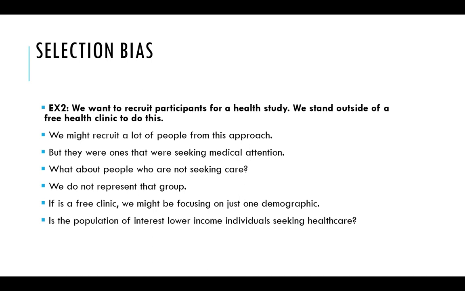Is the population of interest to us lower income individuals who are seeking health care? Because that's a pretty narrowly defined population. If that's not our population of interest, well then we have selection bias, right? If we care about across incomes, wanting to cast a wider net, if that's our interest in terms of our population, we have not achieved that with our sample, right?